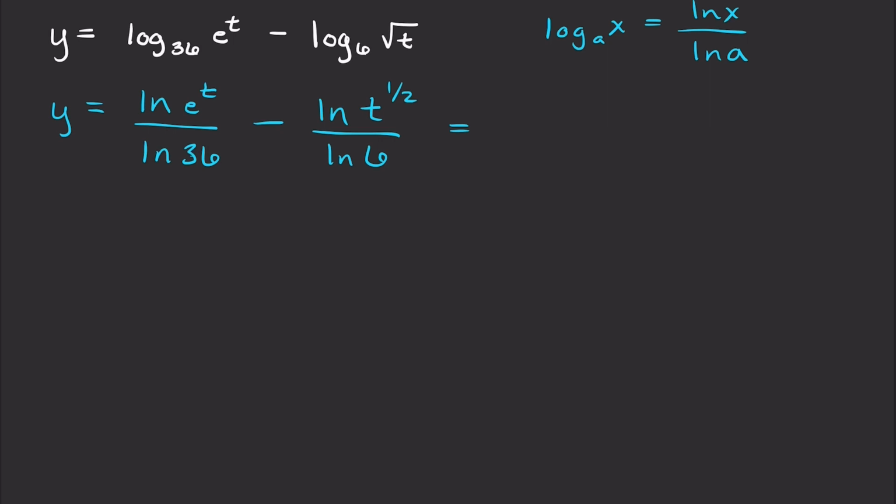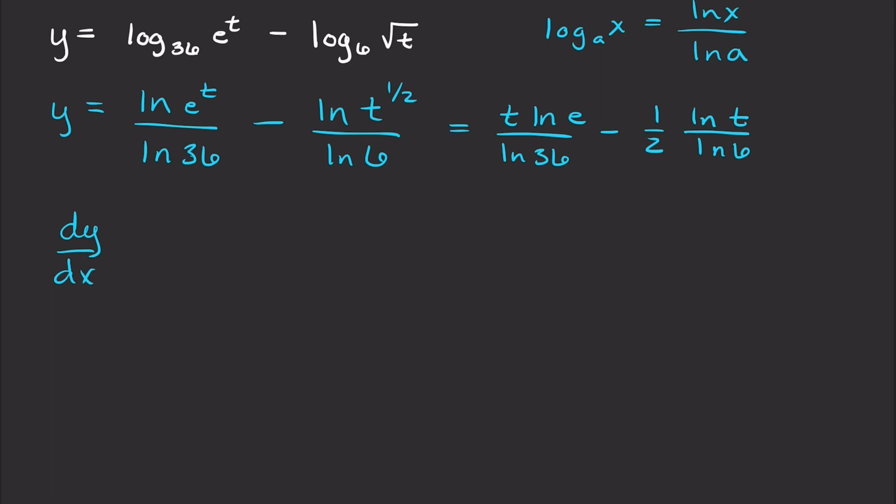And then we can use the properties of logarithms to bring down these exponents. For the first term, we'll bring down a t and have t ln of e over ln of 36, which is just a number, minus, again, we'll bring down our exponent, so we have 1/2 ln of t over ln of 6. Now we can take the derivative.